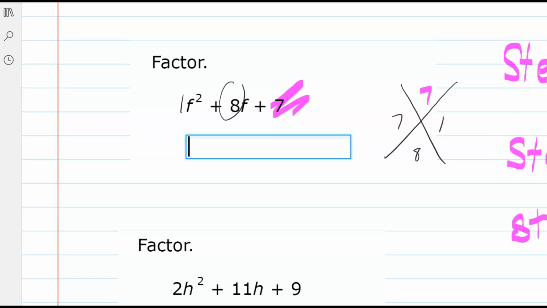Well, obviously, that's 7 and 1. Oh, look. And when I add them, I get 8. So what are my factors? They are x, oops, not x. In this case, it's f. f plus 7 and f plus 1. Bingo, there's my answer.